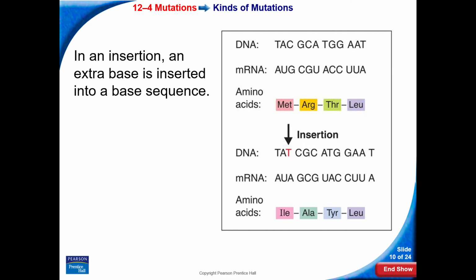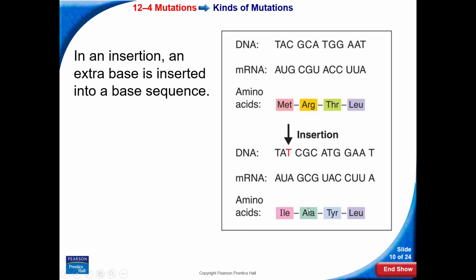So as you can see here, in this particular DNA sequence, if you insert after the adenine in the first triplet a T, then you move the C over to the next triplet, and you completely change every triplet from that point on. So instead of having methionine, you now have a different amino acid here.